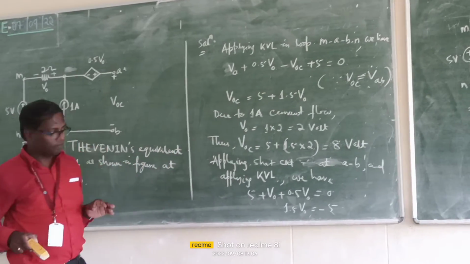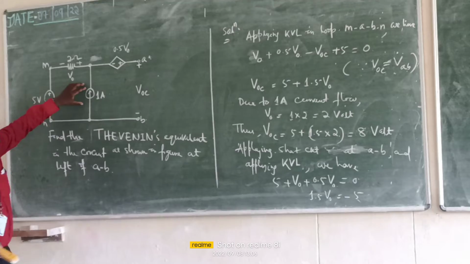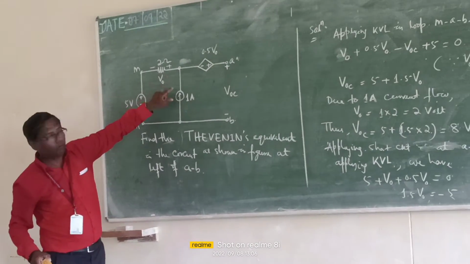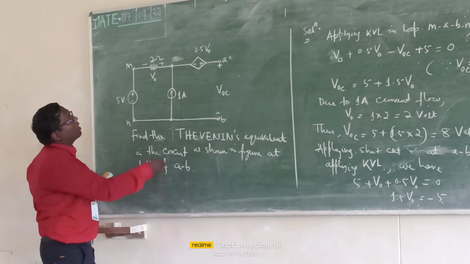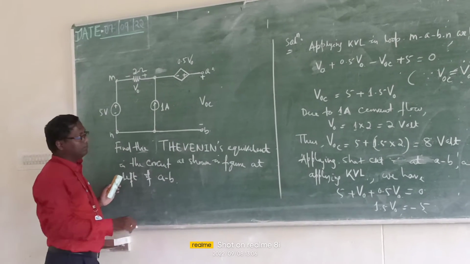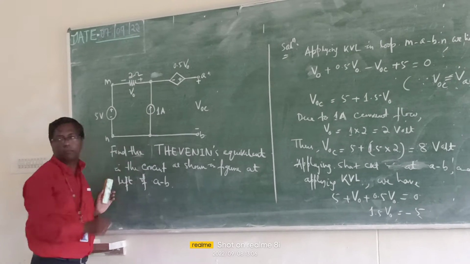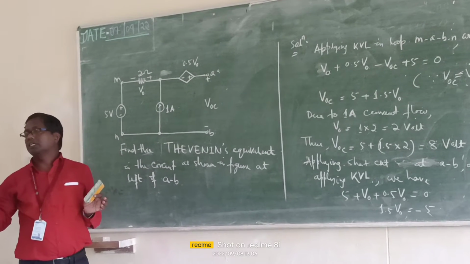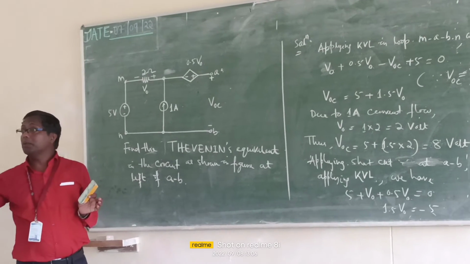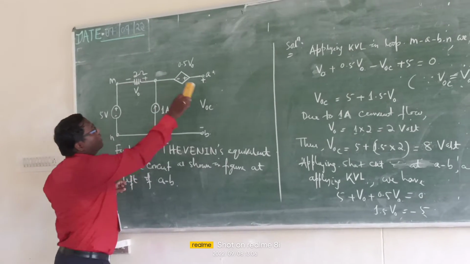All of it clear? But another thing you see here: 1 ampere current is flowing. Now this side is open circuit. If this is open circuit, can any current flow? No, sir. In open circuit, no current can flow, because it has infinite resistance.